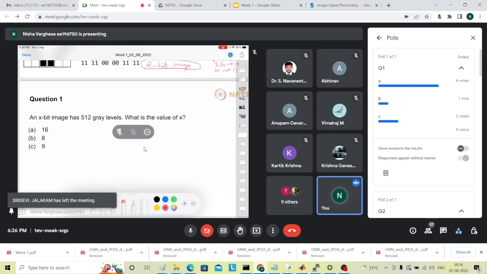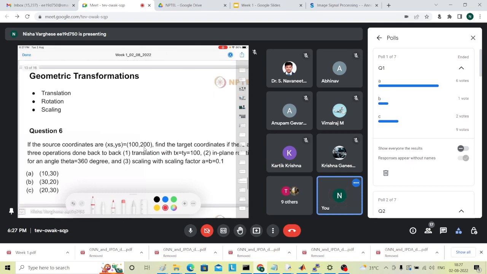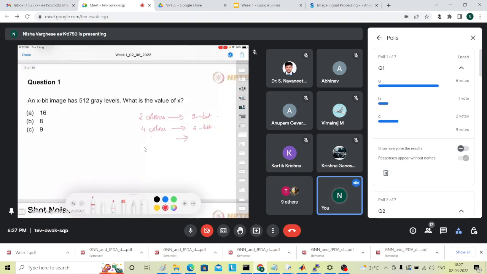In the previous slide, I explained that if you have two colors, it is a 1 bit image, and if it is 4 colors, it is a 2 bit image. If we are representing it using 3 bit, how many colors will be there? 8 colors: 000, 001, and so on up to 111.